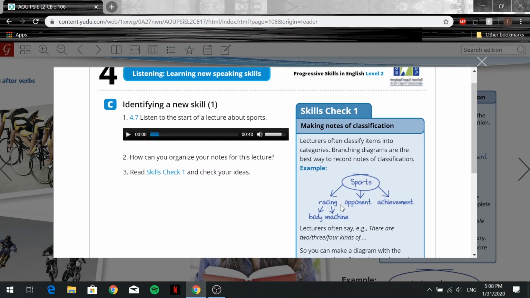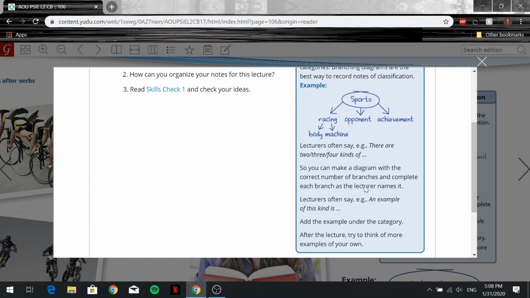I mean, you guys have seen that in lectures, the lecturers will often try and talk about different items in categories, right? So making a note like this helps you memorize and retain information much better. So writing diagrams like this are great for classification as well.